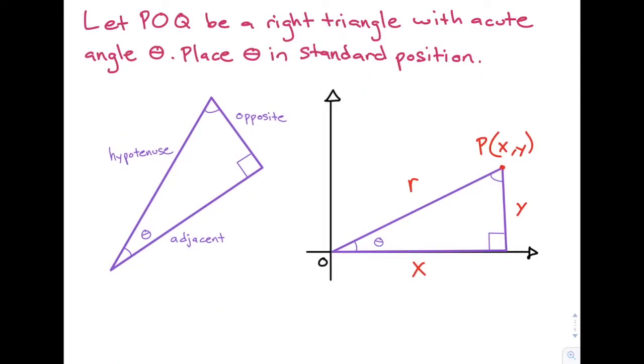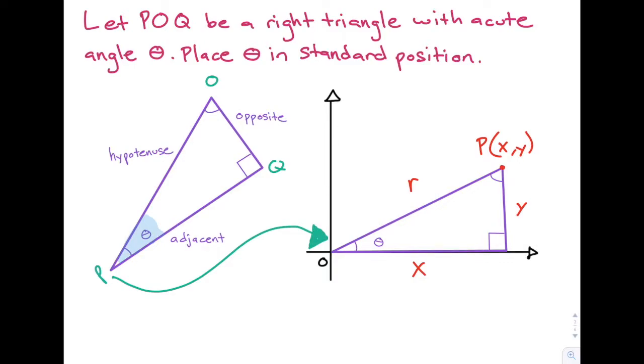To start, let POQ be a right triangle with acute angle theta. So there's our theta. Place theta in standard position. What we're going to do is grab P and drop it right there in standard position.